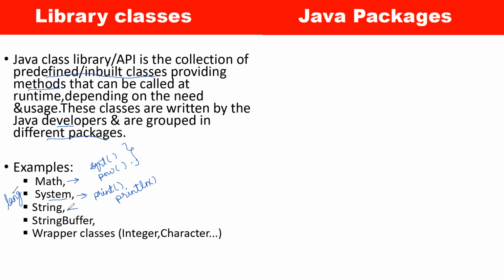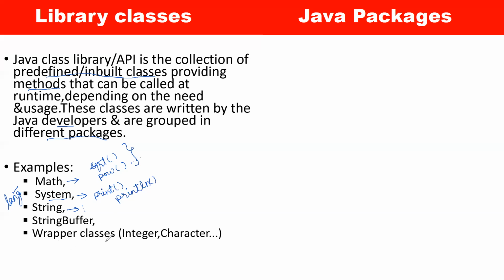Then String. String is also a predefined class, which contains several methods, which we will be discussing in the string handling chapter. That's the next coming chapter, string handling, where we will be discussing different methods of class String. And then there is a StringBuffer class. Then you have wrapper classes.